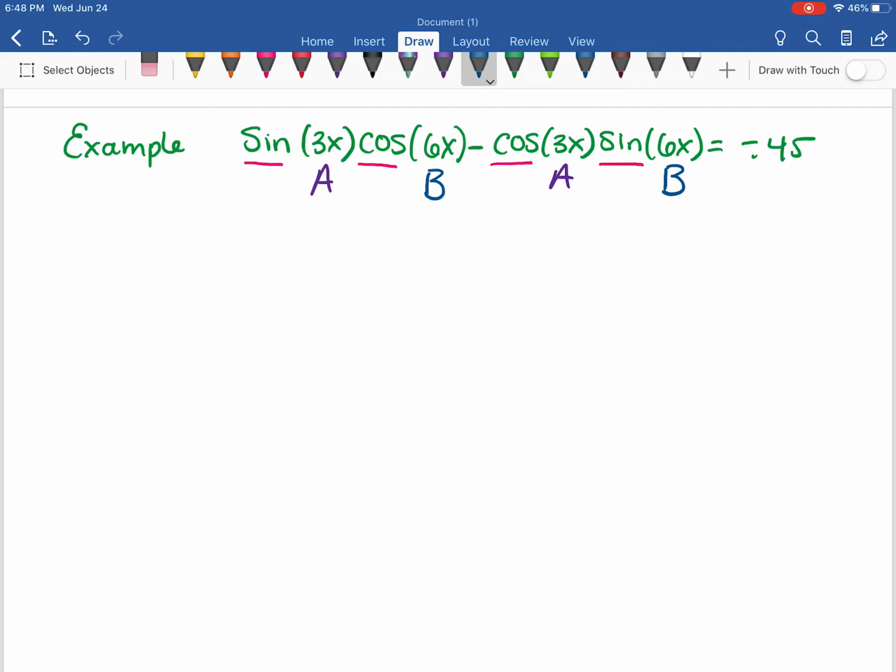then we can think back and use our difference formula for sines.